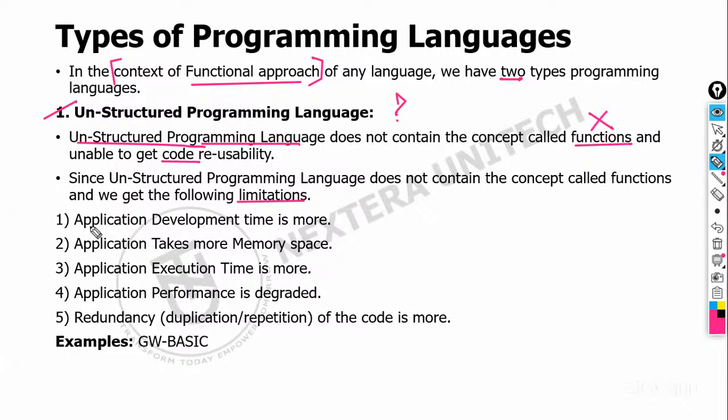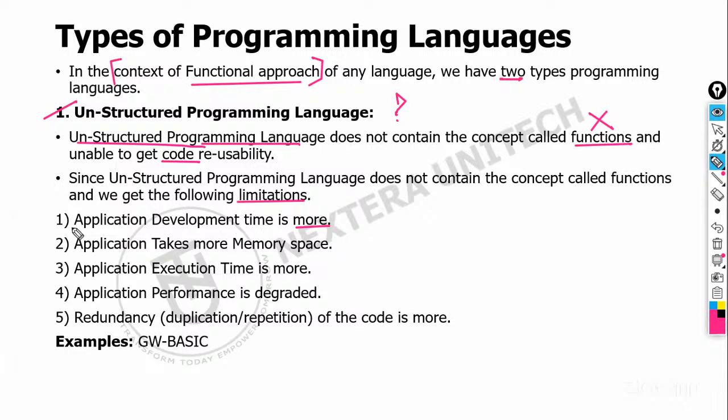What are they? To build an application, to develop an application, the time will become more. Why? There is no concept of functions. If I'm unable to define a function within the programming language, obviously I have to keep on developing the program.